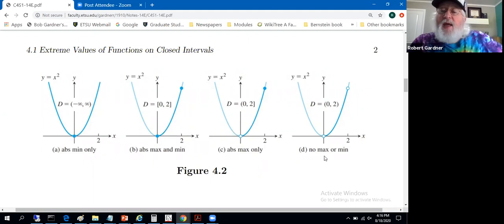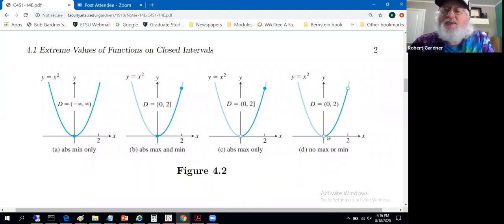Here's one that has neither an absolute max nor an absolute min. Yeah, they poked holes in the ends of it. And as we just discussed, there's no absolute minimum. It's like picking the smallest positive number. Here, there's no absolute maximum. I mean, 4 is an upper bound of the function values, but the function doesn't take on the value 4. It gets arbitrarily close to the value 4, and we could say something about a one-sided limit related to 4.